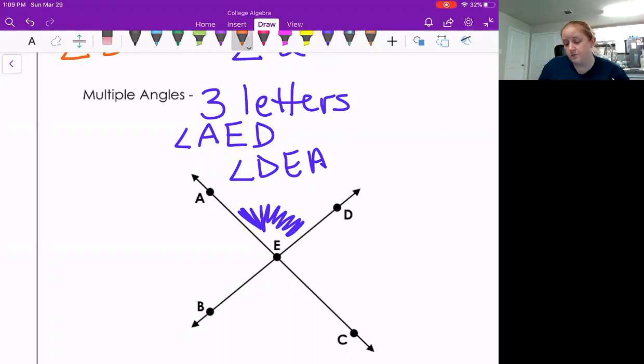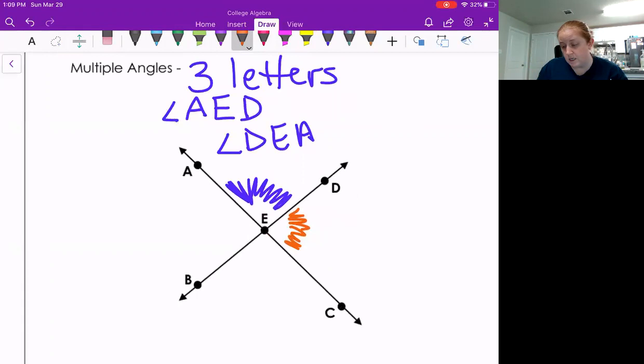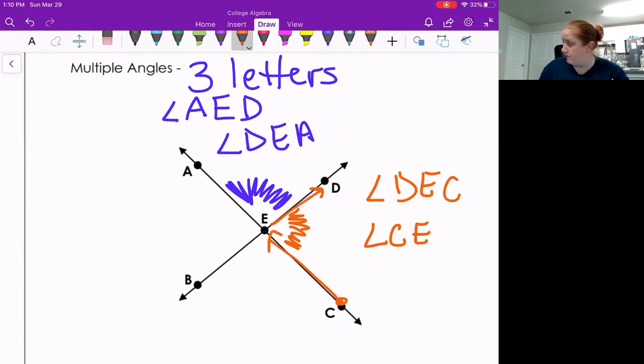Now, let's say we were looking at the space on the right. Similar situation. Choose one of those letters at the arrow. So let's say D here. If I start with point D, follow it back to E, and then follow it out to the other arrow for C. If you choose to start at the other point at the arrow, in this case C, then I start at C, move to E, and then follow it back out to letter D. And I have that way.